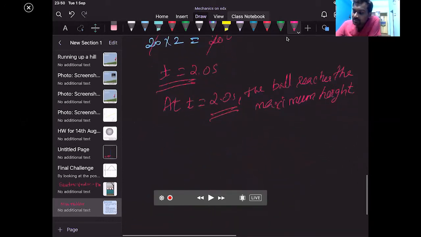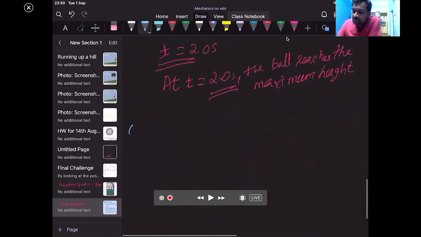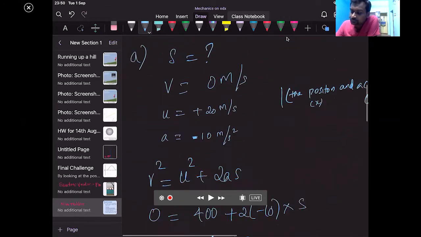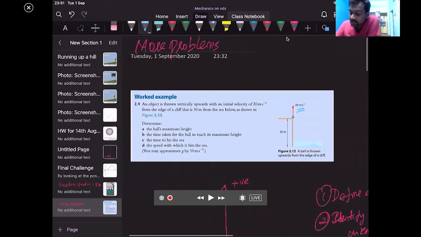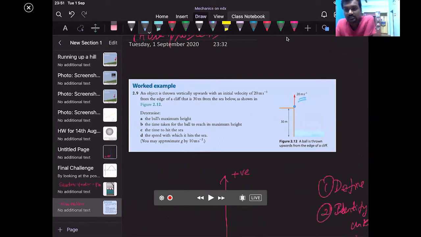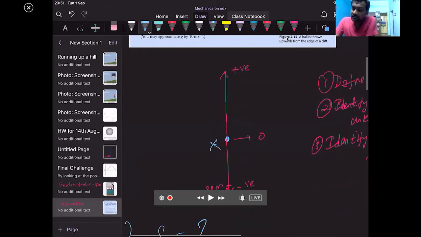All right, so that's done. Now C. What is C? The C question is time to hit the sea. This is a tricky one because it's going to go up. I have to draw it here.